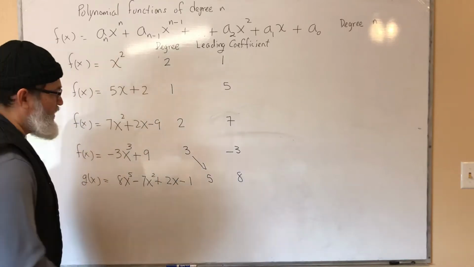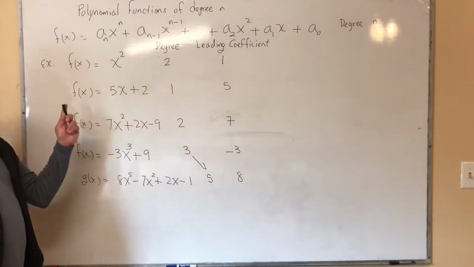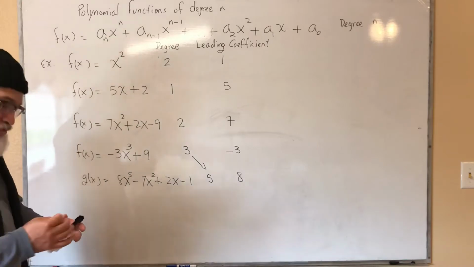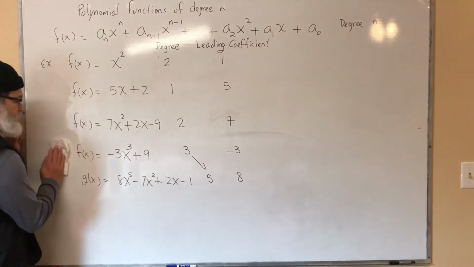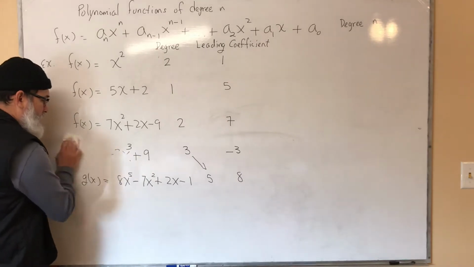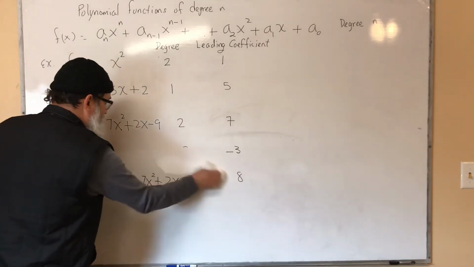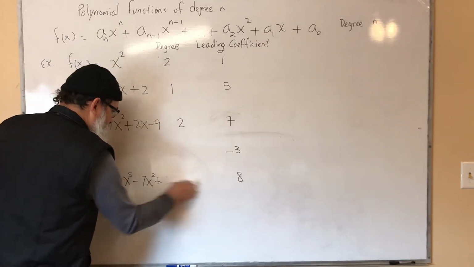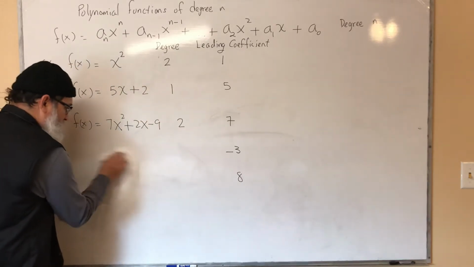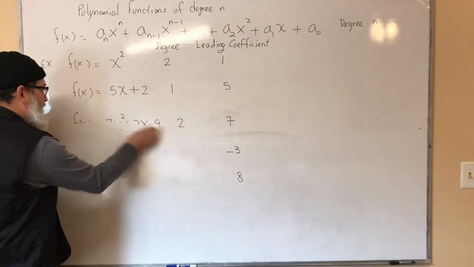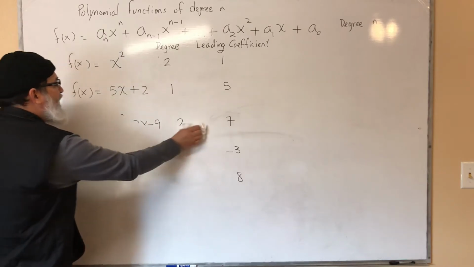Okay? So I'm going to have to erase this, but I need the room. So here we go. I am erasing these functions because now let's look at their behavior.